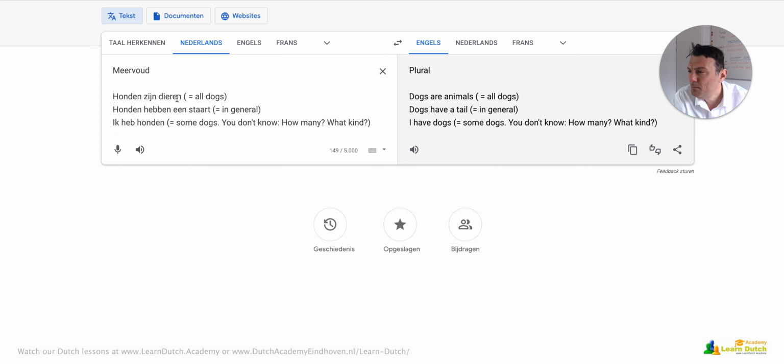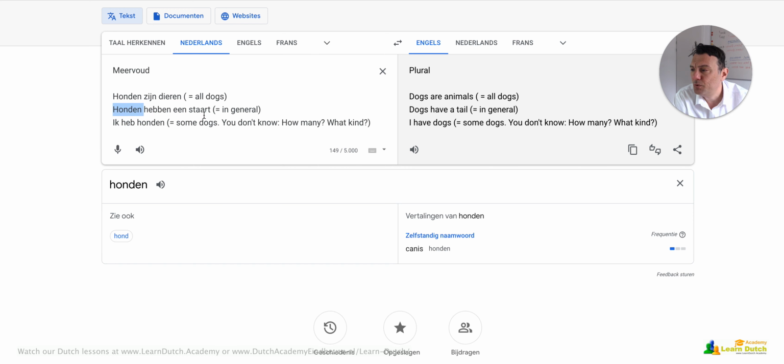So, what is the meaning of this sentence? What is the meaning of dogs? Actually, when I'm saying honden zijn dieren, I mean all dogs. When I'm saying honden hebben een staart, dogs have a tail, I mean dogs in general. Not every dog would have a tail.